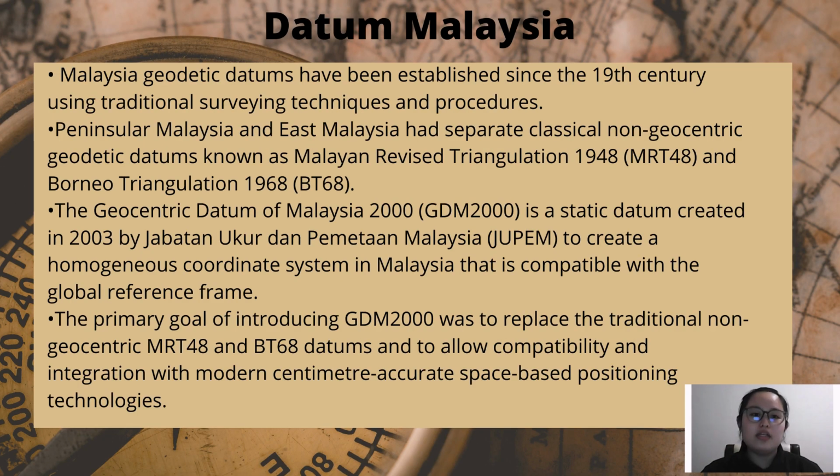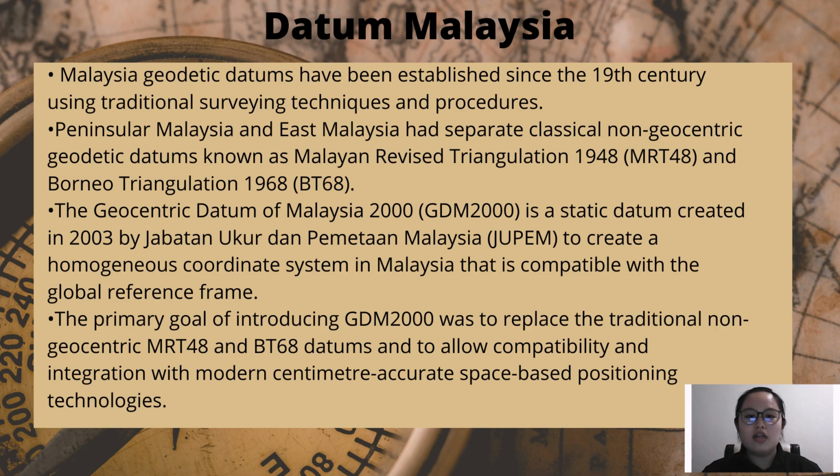Datum Malaysia. Malaysia geodetic datum has been established since the 19th century using traditional surveying techniques and procedures. Peninsular Malaysia and East Malaysia have separate classical non-geocentric geodetic datums known as the Malayan Revised Triangulation 1948 and Borneo Triangulation 1968.